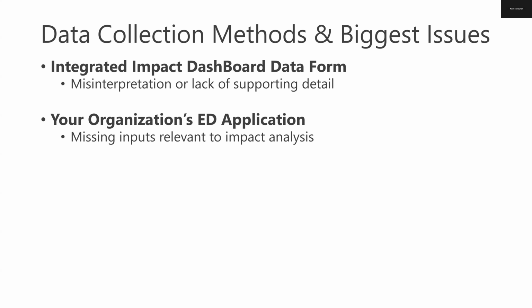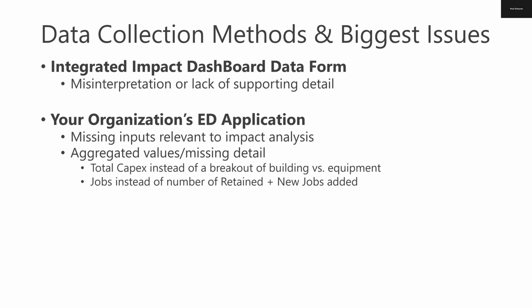Sometimes it's missing inputs that are relevant to the impact analysis. There can be times where certain information is either excluded or not collected in the amount of detail that we might want if your first purpose was to get this information for the impact analysis. The other thing that we see, not even if it's just missing inputs, might be things like aggregated values.